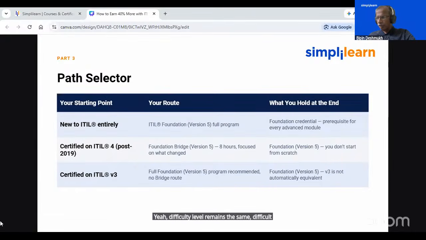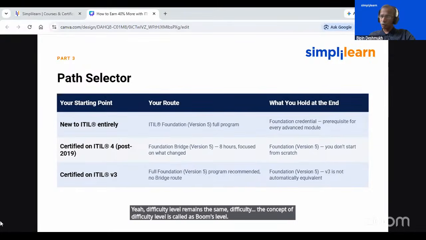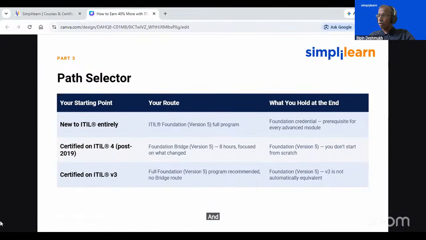The concept of difficulty level is called Bloom's level. Bloom level 1 and 2 questions are asked in this. Bloom level 1 is basically recalling what you have learned with examples. And Bloom's level 2 is all about understanding the concept. This is asked.